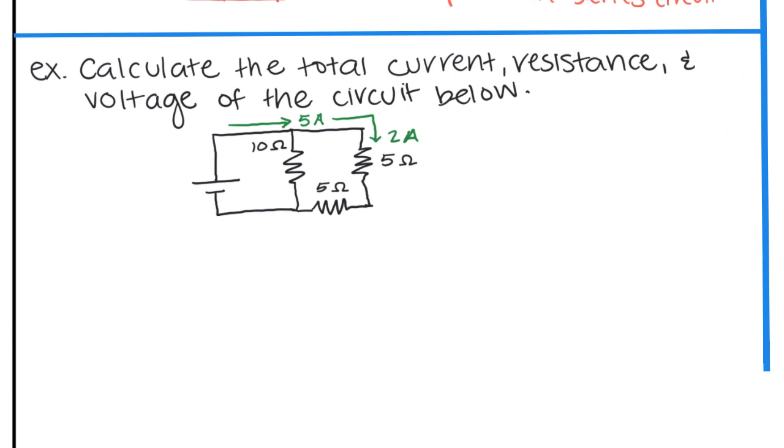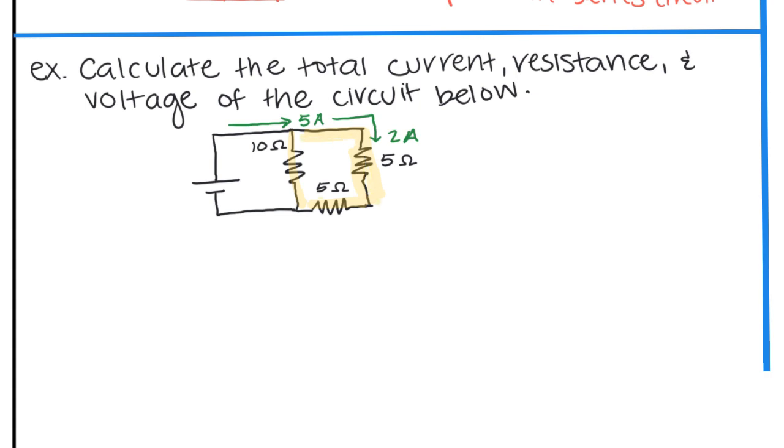Sometimes things get a little funky and we can actually combine series and parallel circuits. So I want you all to take a look at this circuit I've drawn, and you will notice that we have elements of both series and parallel circuits here. We've got these multiple branches, but within that second branch, we have two resistors. It's kind of creating this network.